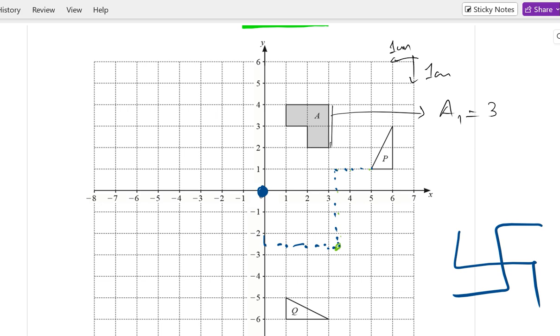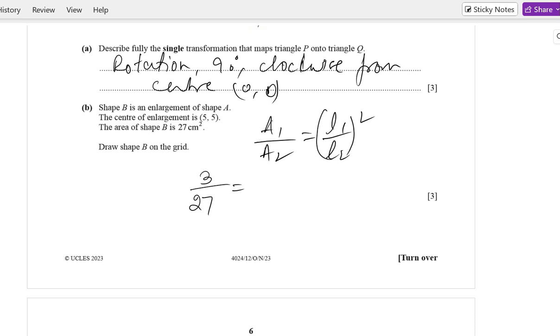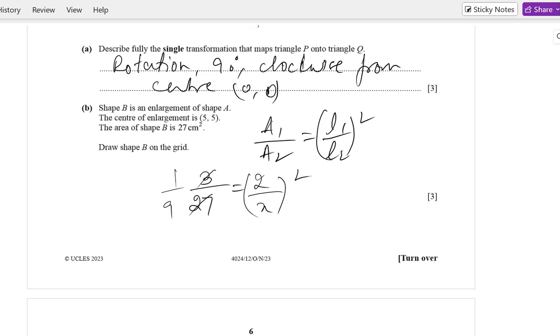Let's use this side. This is 2 centimeter, and x square. This is 1 by 9, and x square would be 36 and your x would be 6.